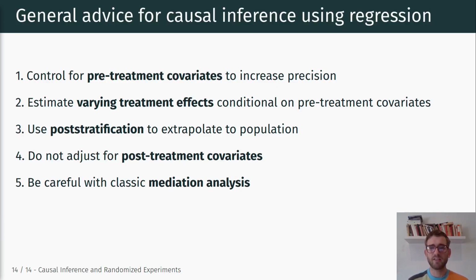This is only briefly mentioned in our required readings, but if you're more interested in mediation analysis, I really recommend you take a look at the paper that I included on Canvas, which talks a lot more about the critique of classic mediation analysis, why it's potentially problematic, or why it needs much stronger assumptions than is often appreciated in the literature.